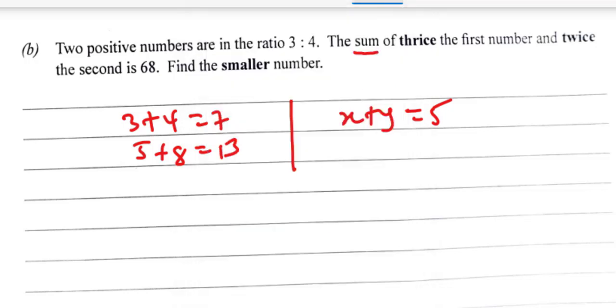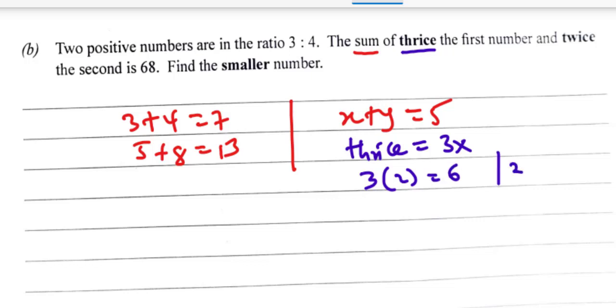Let us also look at these terms that we have here, and try to understand them first. When we say thrice, the word thrice simply means 3 times. So when I say thrice 2, it means 3 times 2. Thrice 2 is 6, because if you have 2 three times, that will be 6.